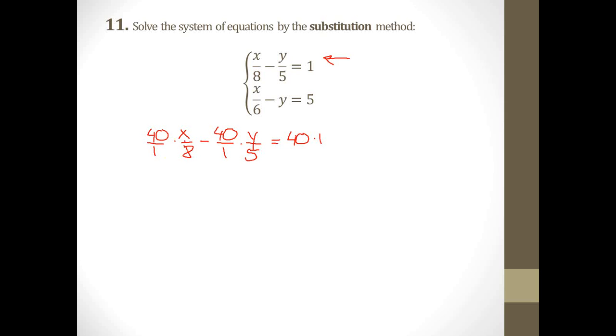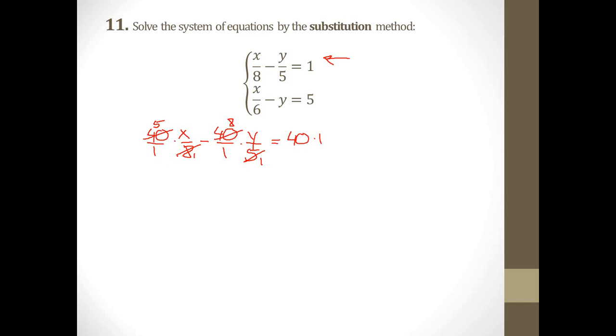The 8 and the 40 have a common factor of 8, so 8 goes into 8 1 time, and 8 goes into 40 5 times. Over here we have a common factor of 5, so 5 goes into 5 1 time, and 5 goes into 40 8 times. And over here nothing cross cancels because there's no denominator.